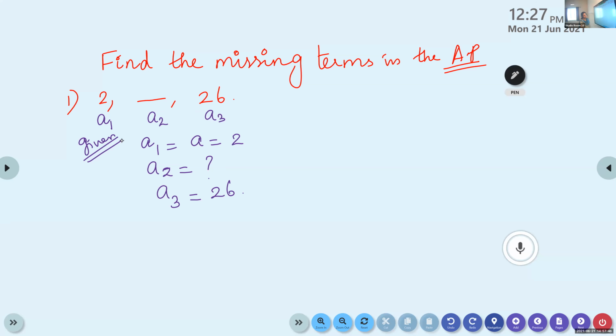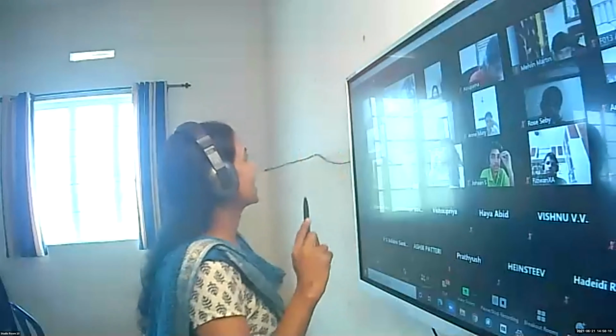What is A2, Prajot? Prajot, you can send the message in the chat box.